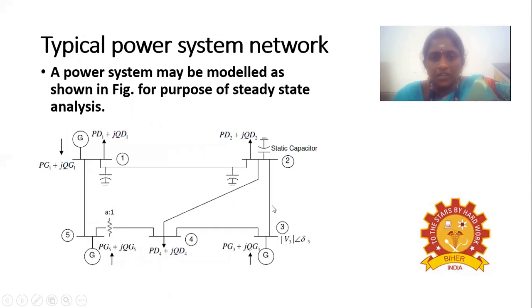So now we are going to discuss power system modeling for the purpose of steady state analysis. Consider the 5 bus system. Here real and reactive power will be injected by the generation. Then the load takes that real and reactive injected power from the buses.